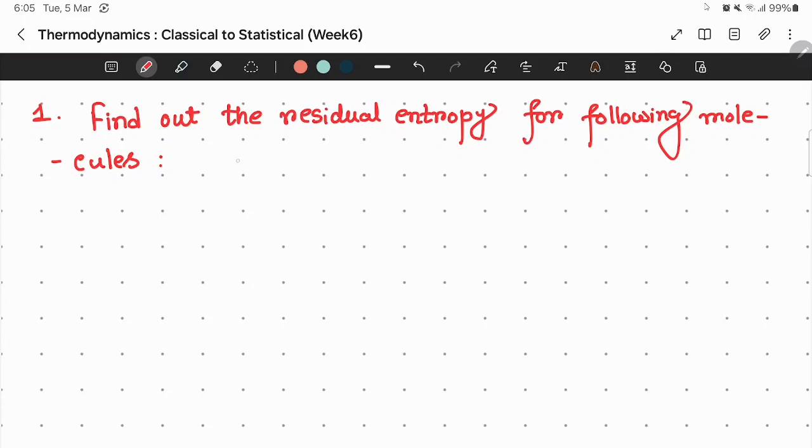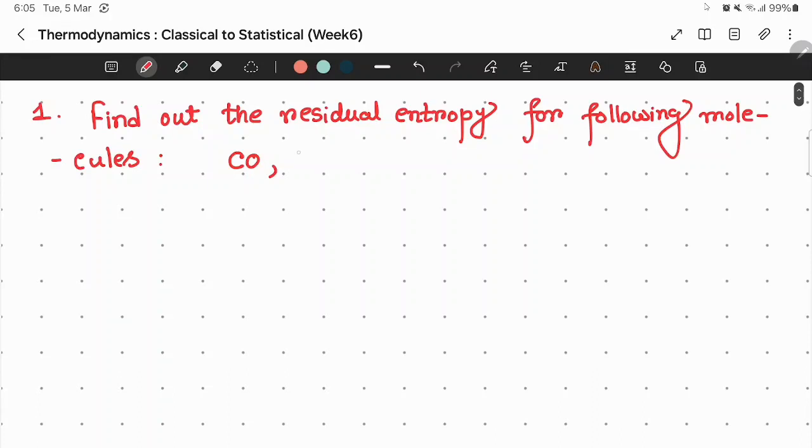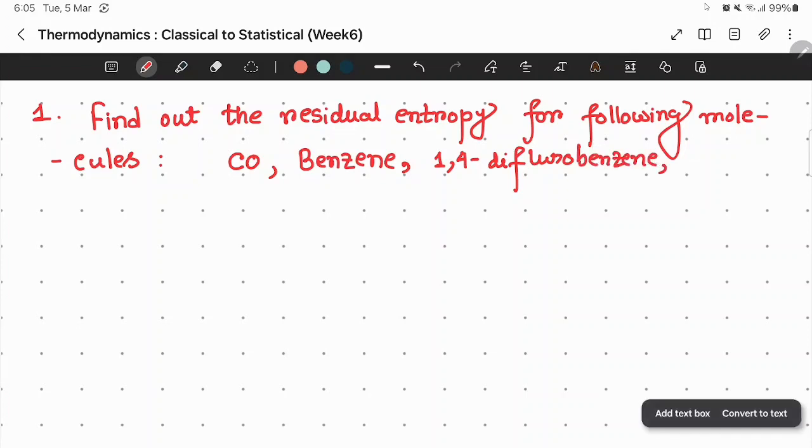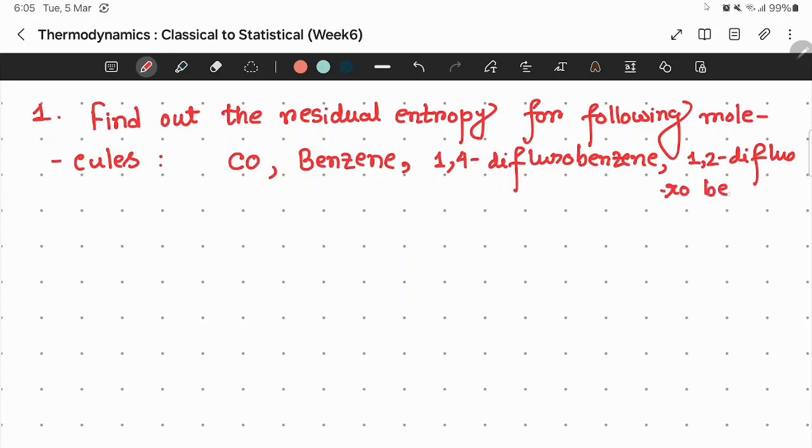First is carbon monoxide, benzene, 1,3-difluorobenzene, and 1,4-difluorobenzene.